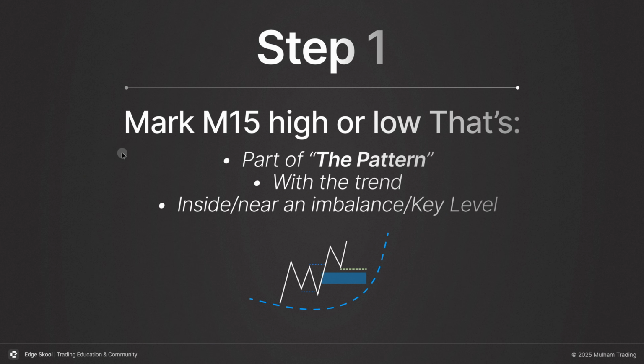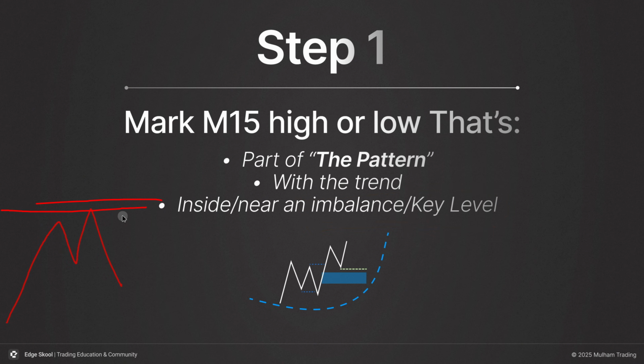So the first step is going to be marking the 15-minute high or low. That is part of the pattern. So we want to identify the pattern, we want to identify the trend or the direction, and we want that high or low to be inside or near an imbalance or key levels, because we want 2 things to happen. We want a fake out and then a key level or an imbalance.